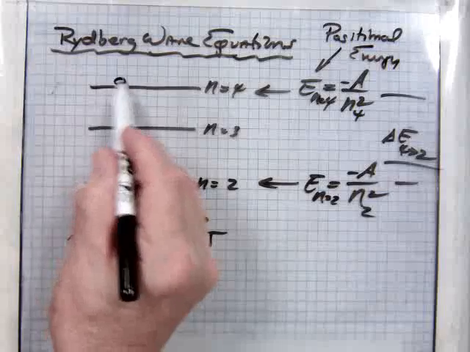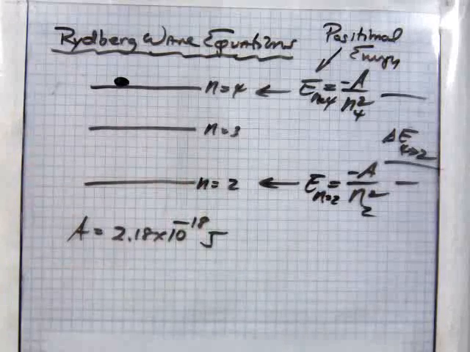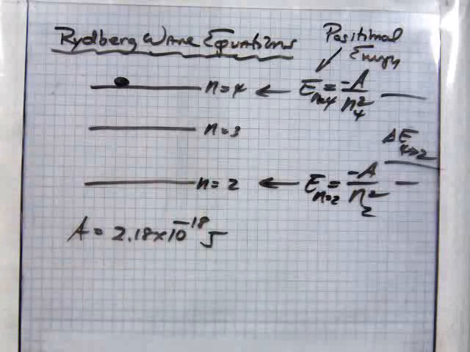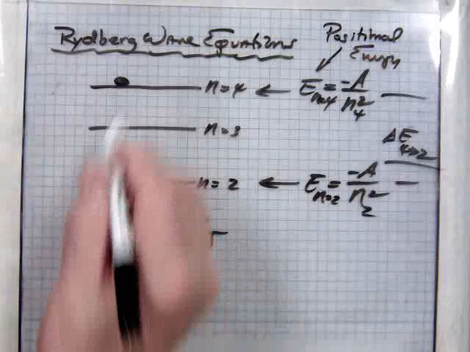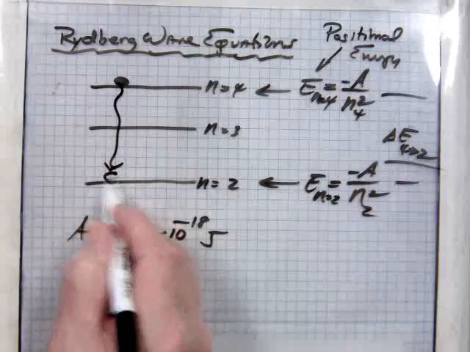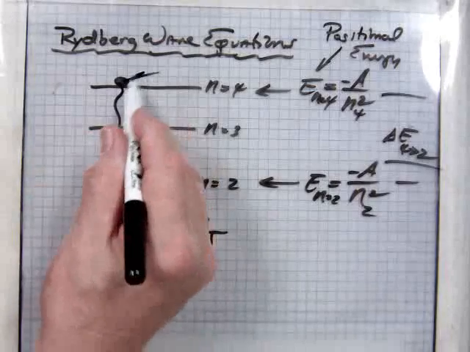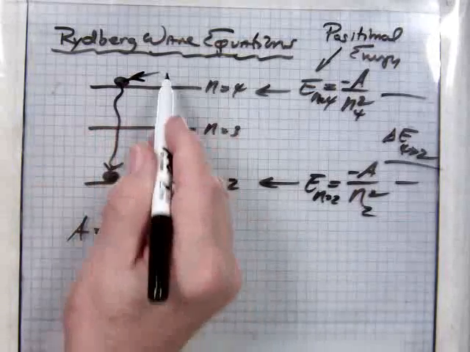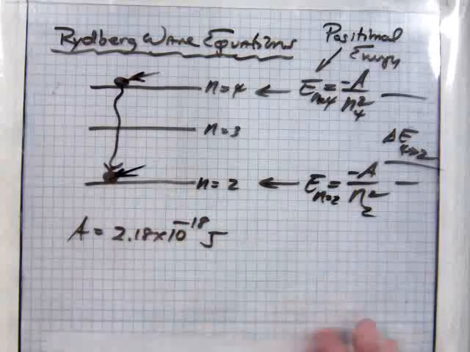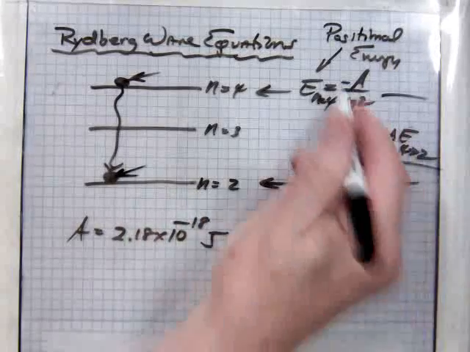Positional energy means my electron's laying right there, like sitting on a shelf. And then it's going to transition down to here, and it's going to be sitting on shelf number 2. The potential energy on the fourth level is higher than the potential energy on the second level, and you'll see that.